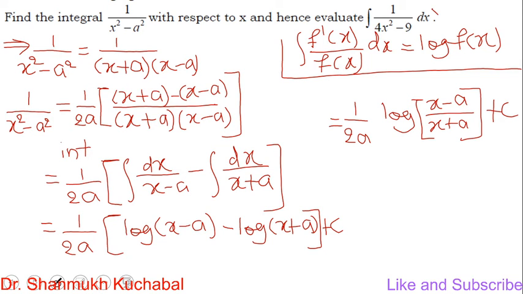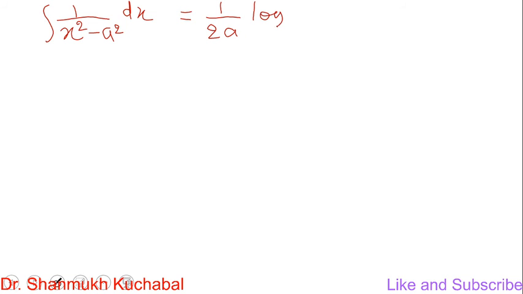Now we will evaluate this integral here. Once again I am writing integration of 1 divided by x square minus a square into dx equal to 1 divided by 2a log of x minus a divided by x plus a plus c.